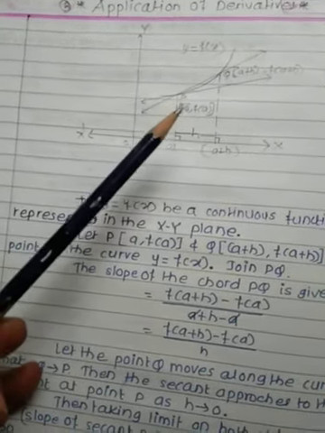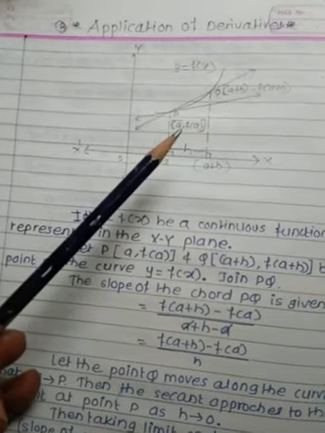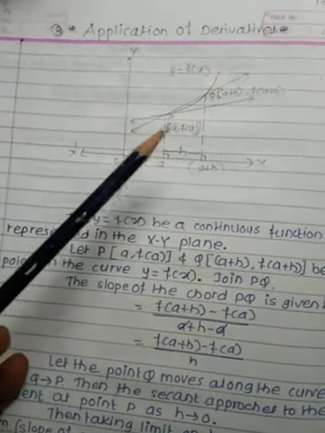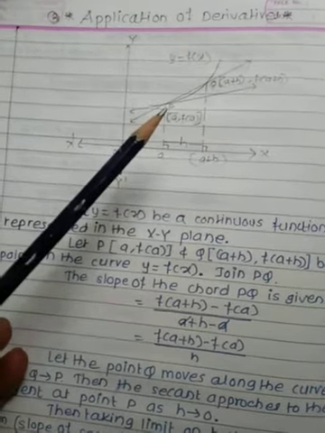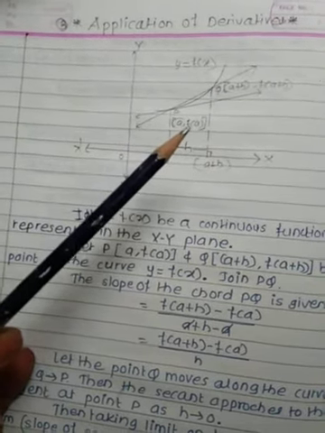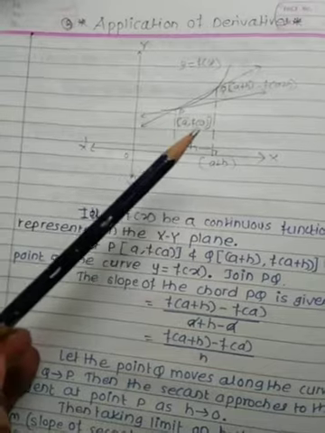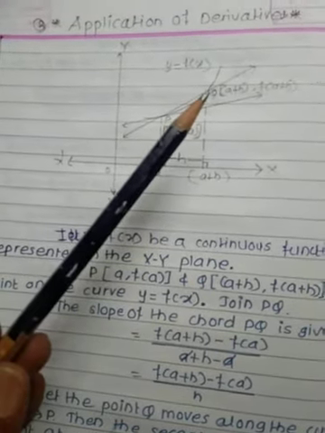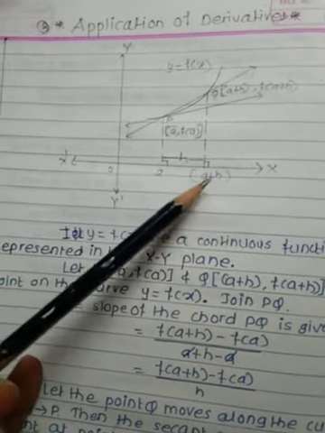At point p, the coordinates are a, f of a: the function is f of x, and at x equal to a, y is equal to f of a. Now q is at x equal to b.